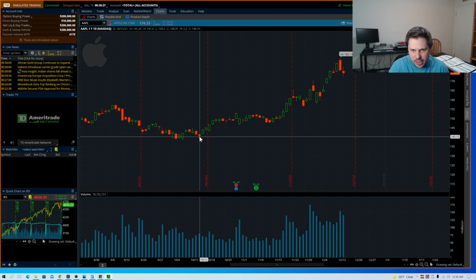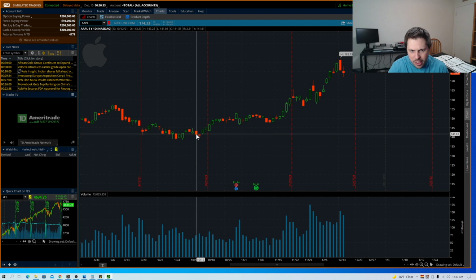Think about just this little red bar right here. It opened here, it went up a little bit, but then it went all the way down and kind of touched where this support was, but then it traded back up and it still closed lower, but it seemed like kind of a bullish sentiment here.